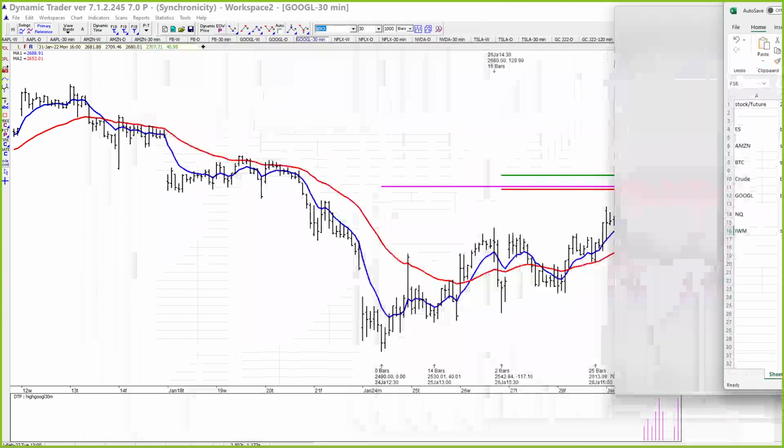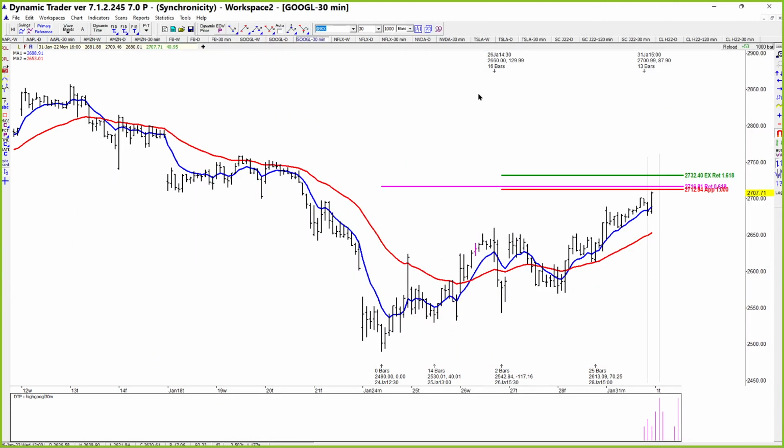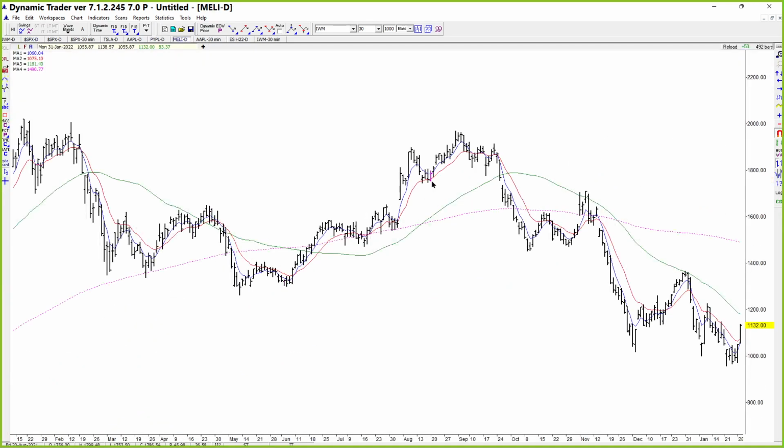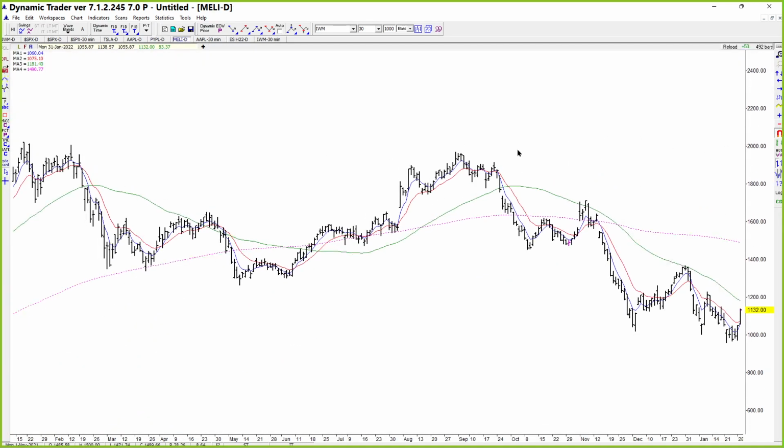Also, there are a lot of times when I'll be asked for a chart like this. One of the first things, this is MELI, one of the first things that I look at on this chart is the fact that you're below the 200, you're below the 50, and the 5 and 13 are still in a sell mode.